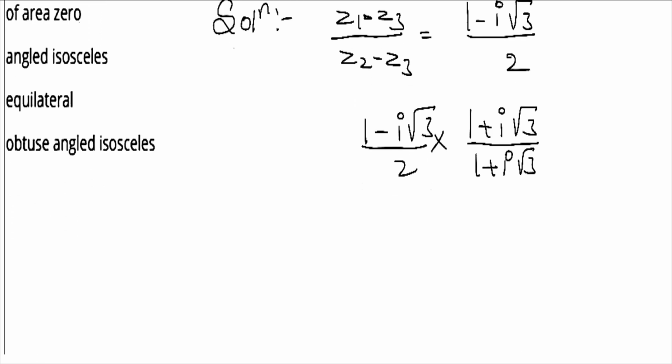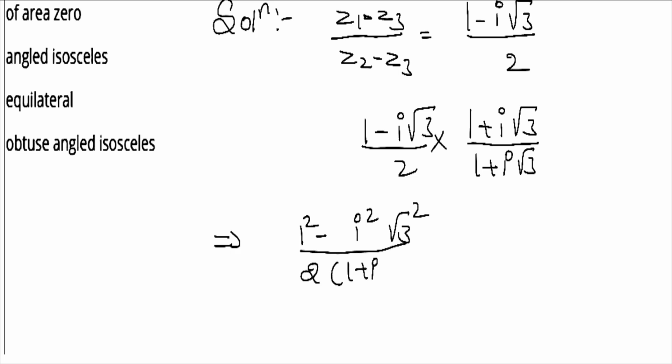This is the form of (a - b)(a + b), that is a² - b². So 1² - i²(√3)², by 2 into (1 + i√3).